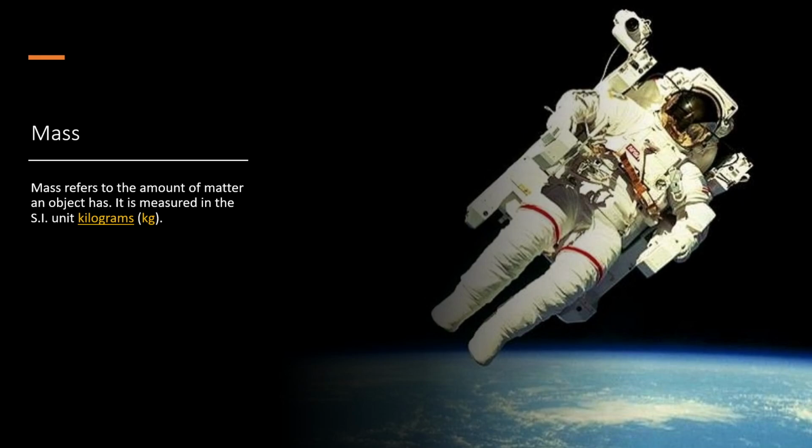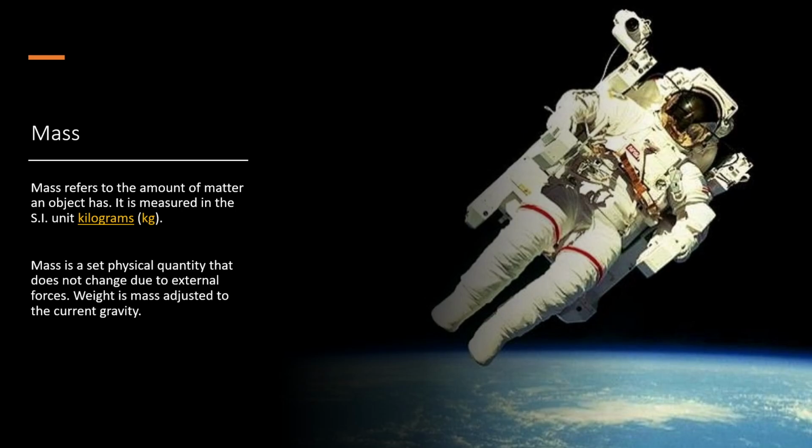But just jumping back to the definition of mass, it refers to the amount of matter that an object has. So why do I have a picture of an astronaut? Well, the reason is because this astronaut has a set amount of mass as he is currently floating in space, and he has that exact same mass when he is down on Earth. But that's a little bit different to this other term you've heard of before, which is weight. Okay, so let's have a look here.